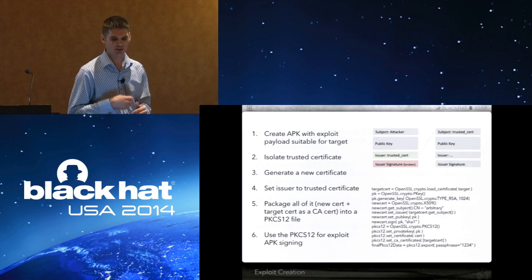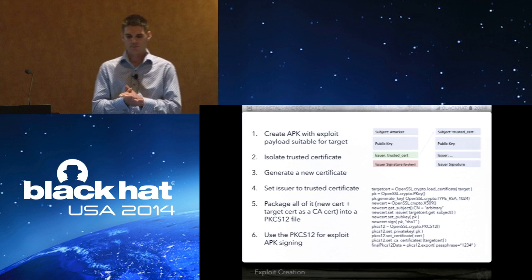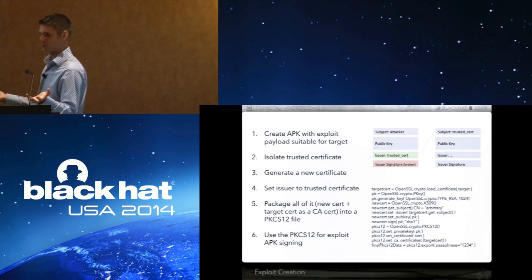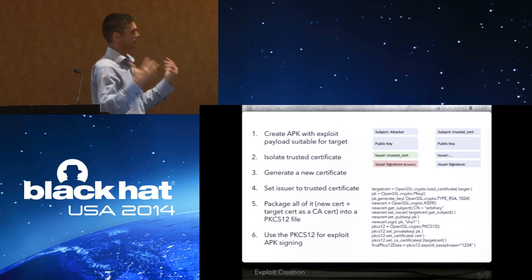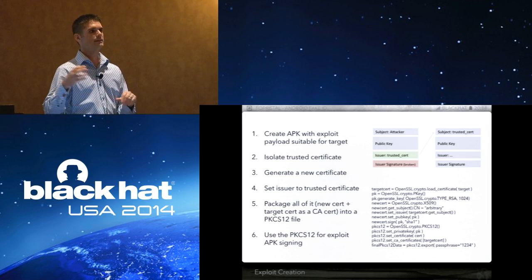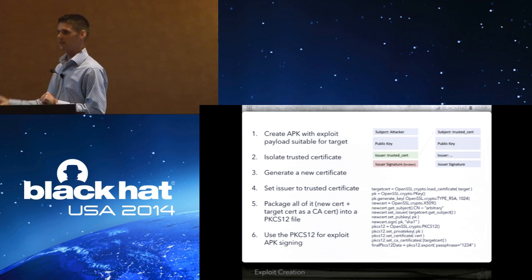So how does an attacker actually build an exploit with this? They're going to create an app that has evil code to do their evil thing, whatever evil is for their personal motives: steal money, steal pics, whatever. They're going to isolate that trusted certificate, so which vector do they want to use, and pick the certificate related to that vector.